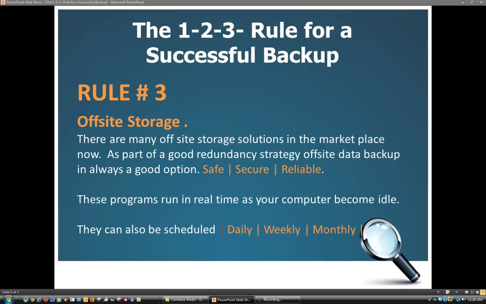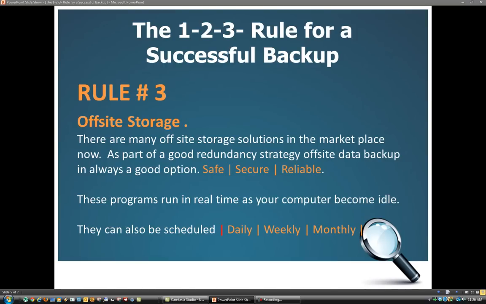Now, these programs run in real time when your computers or servers become idle, or depending on the solution you choose, they can also be scheduled for hourly, daily, weekly, or monthly backups, depending on the strategy that you have in place.